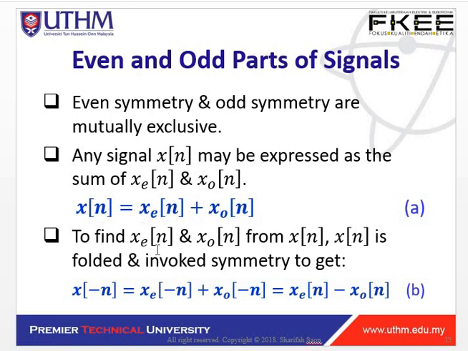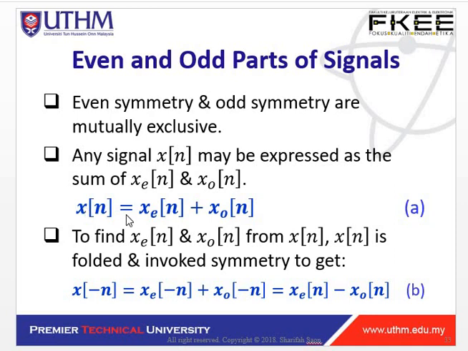To find x even and x odd from x[n], x[n] is folded to get x[-n]. So x[-n] equals x even[-n] plus x odd[-n], which equals x even[n] minus x odd[n].